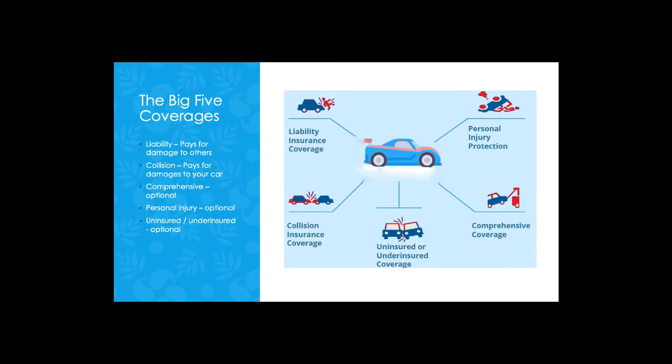Personal injury is additional coverage that covers the medical expenses of others you injure. And finally, there is uninsured or underinsured motorist coverage, which is optional in the state of California. If you are involved in an accident with someone who does not have adequate or any auto insurance, that will kick in to help cover the costs of the damage that was incurred.